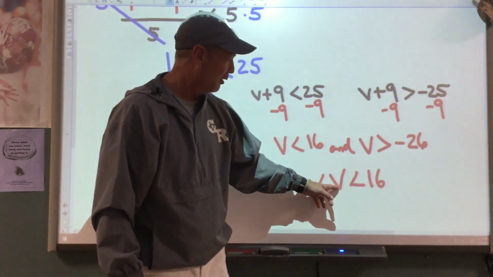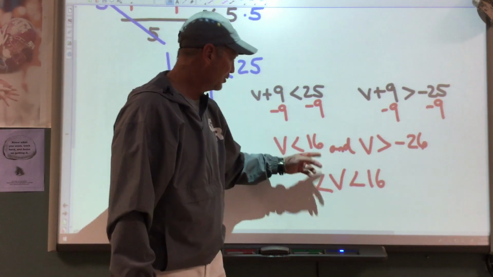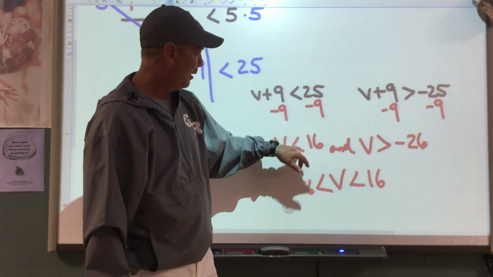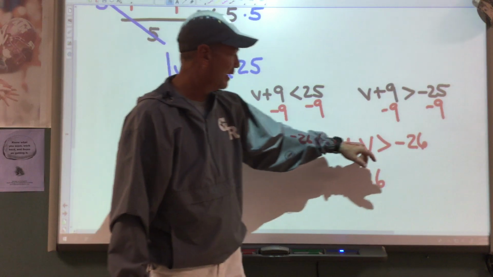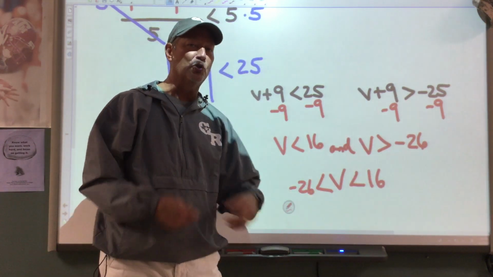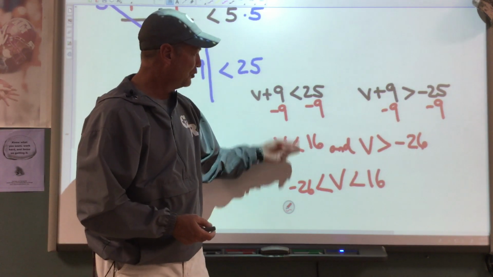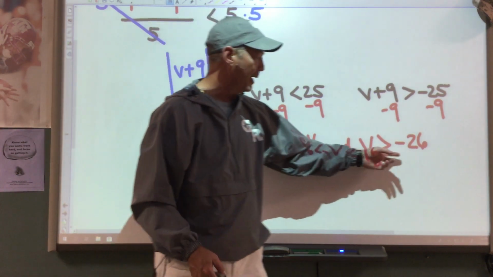When your variable's in the middle, it's going to be an and. But this will be easier when we do tomorrow's worksheet because we're going to put it on the number line. But the main thing is you know how to set it up and do the math right now.